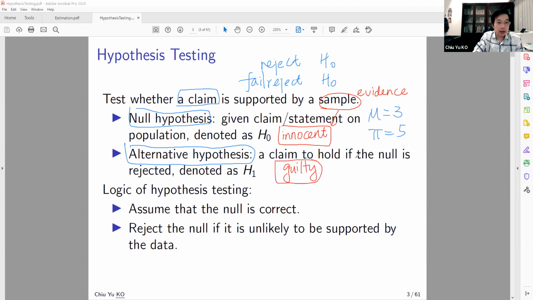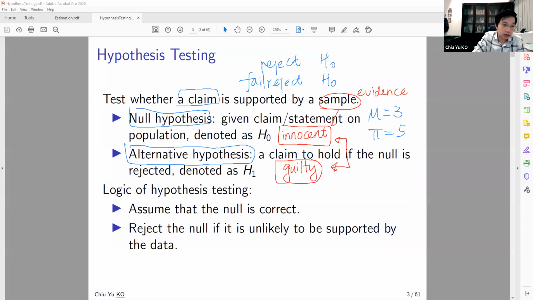These two are not swappable. If you swap, things will be different, so what is in the H null will be a little bit different. Because in some other law systems, not in Hong Kong, you assume you're guilty until you're proven otherwise. In those cases everything will be different. So how you treat what is innocent and what is guilty, where you put it, will be important.